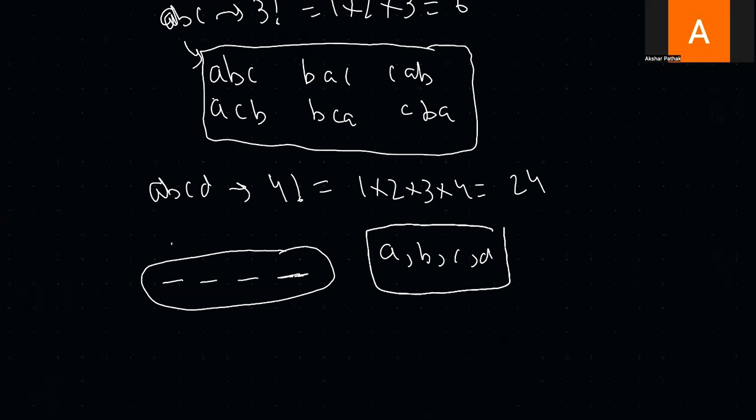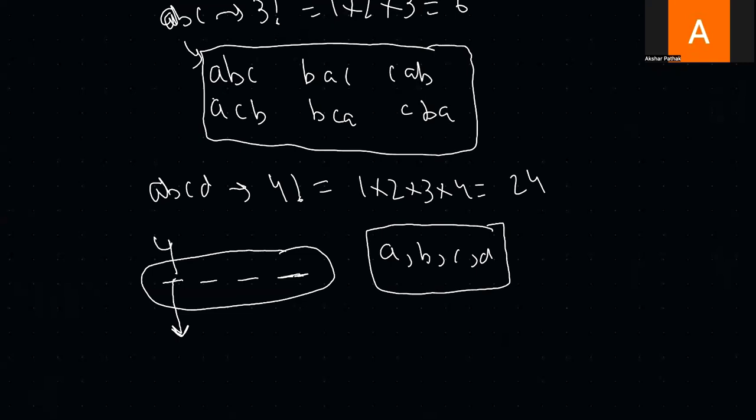So in how many ways can you fill this first box? You can fill this with A, B, C, or D. Is there any more possibility? No, because we just have 4 items. So I will say that the number of ways to fill this is 4.